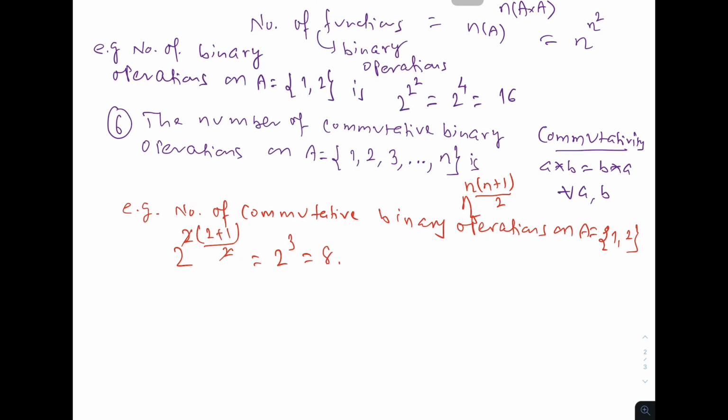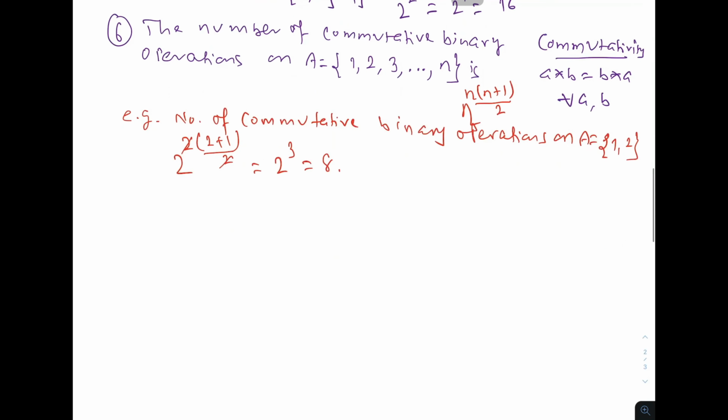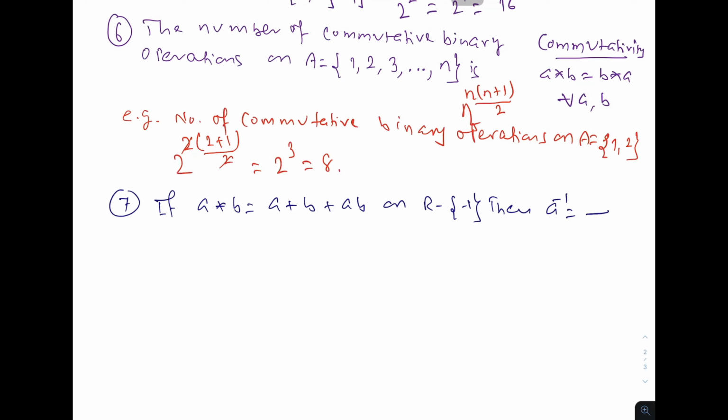Let us see some more examples then. So let us see this one. If A star B equal to A plus B plus AB on say the set of real numbers excluding -1, then A inverse is blank.